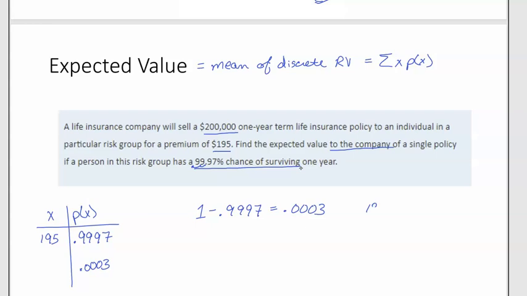They're going to get $195, but the company's going to pay 200,000. So the company is going to lose money in that case. They're going to lose $199,805. To show that they're losing it, it would be a negative value.